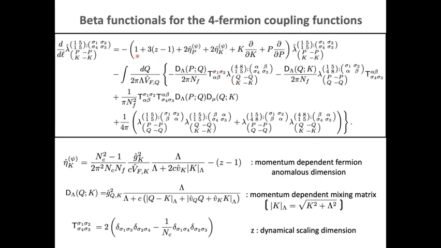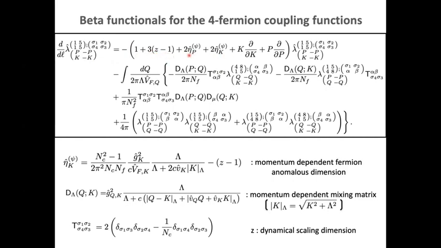And then here, again, this -1 is due to the fact that this four-fermion coupling has negative scaling dimension. And then the z is the dynamical critical exponent, because there's no Lorentz invariance. Time and space in general scale differently.